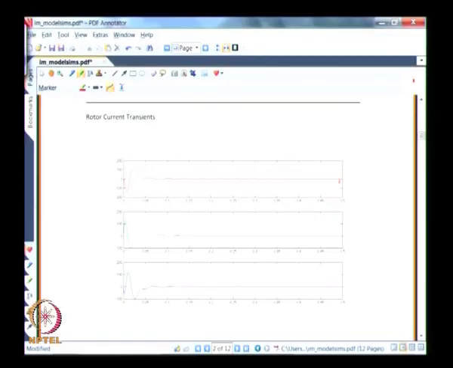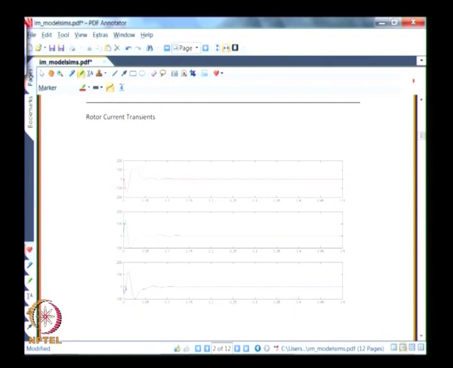If there is no induced EMF in the rotor, in steady state we expect that no current flows in the rotor or negligible current flows in the rotor, and that indeed is shown in these three plots. This is the 0 level for this plot, the 0 for this plot is here and 0 for this plot is here. So, we see that the rotor currents settle down to near about 0 value under steady state.